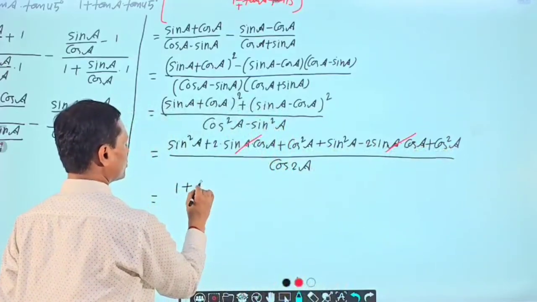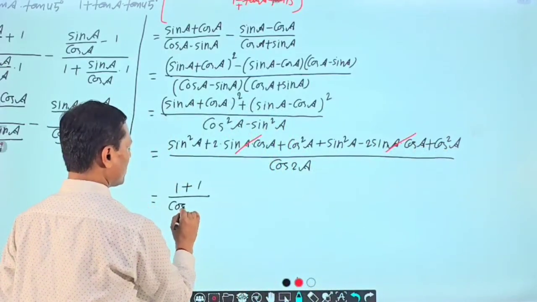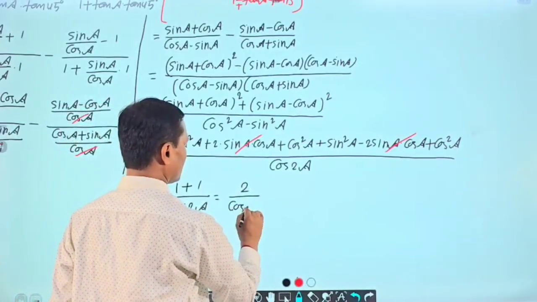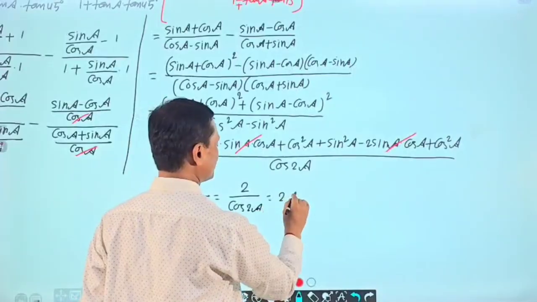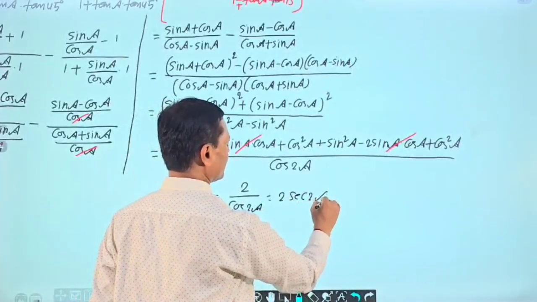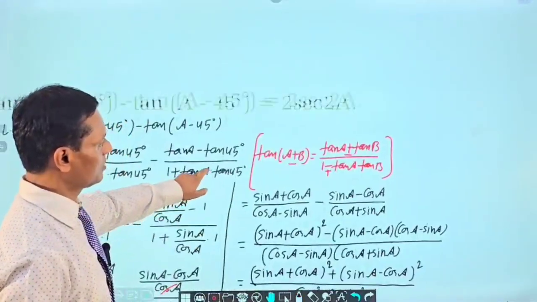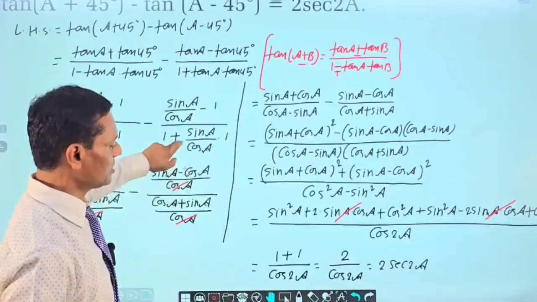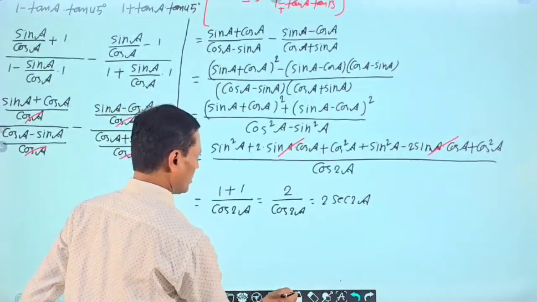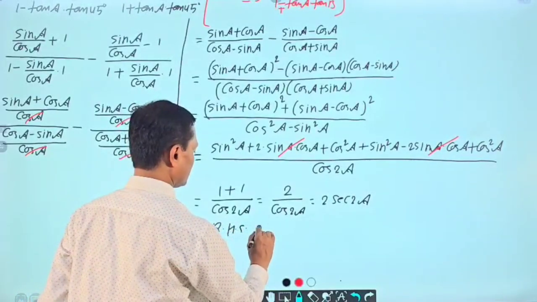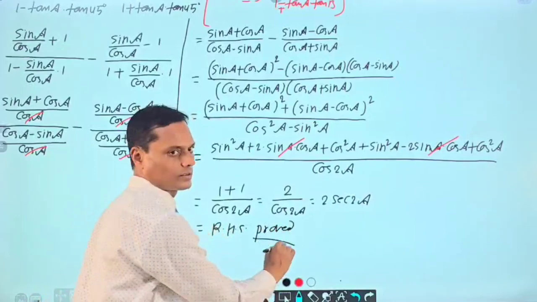So we can write here 1 plus 1 over cos 2A, that is 2 over cos 2A, that is 2 sec 2A, isn't it? And look at the right hand side here. We have 2 sec 2A, isn't it? So we write here at the last, equals right hand side, and proved.